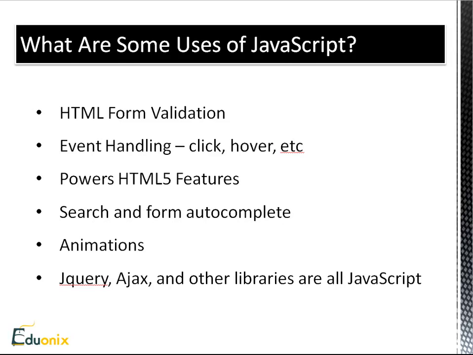They're all called HTML5 features, but JavaScript is what does the decision making and pretty much is the powerhouse of those elements and features. Search and form autocomplete. We've seen this with search engines like Google. When you start to type, it'll give you some suggestions. That's all done with JavaScript or some JavaScript library.